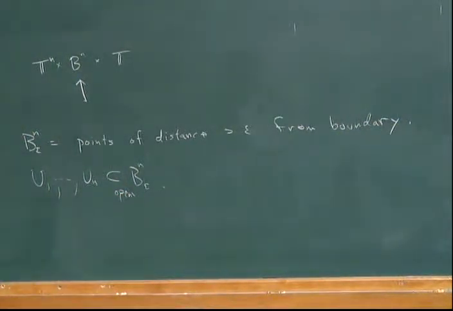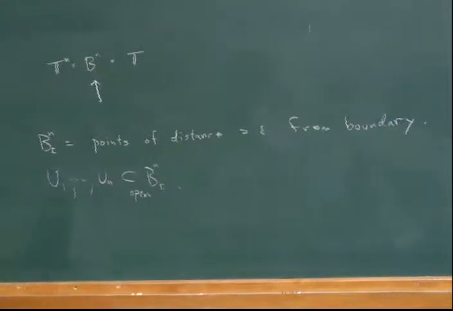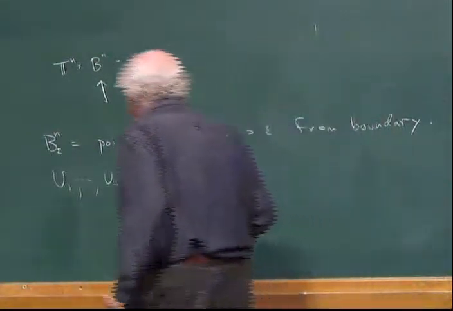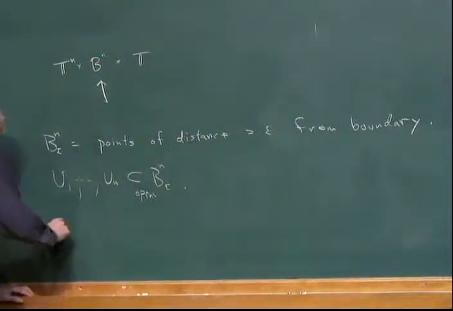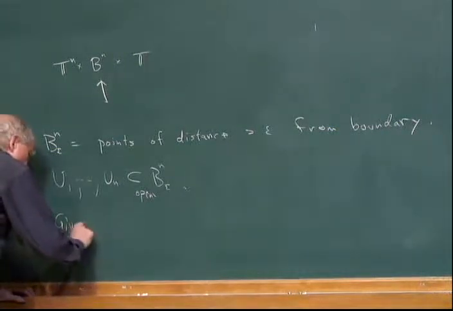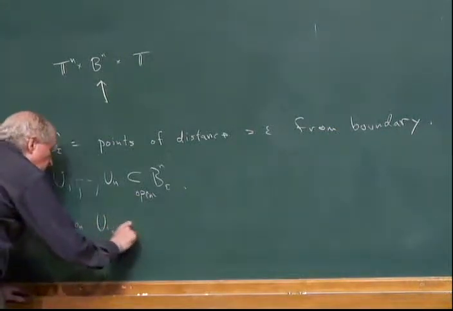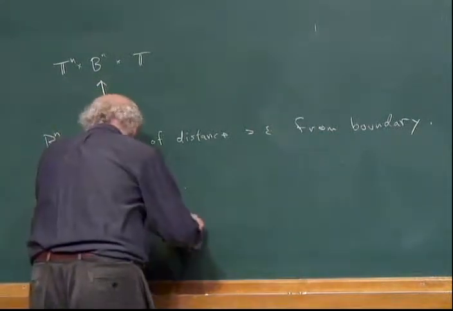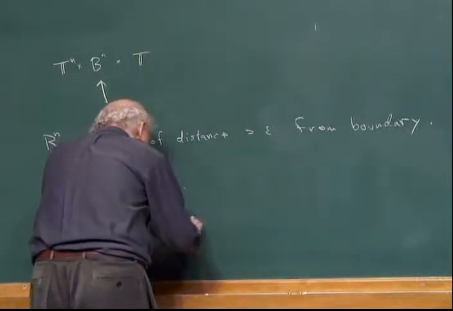And so what I can prove is that for generic small perturbation, given open sets U1 up through UN, they can be arbitrarily small, well, they have to be non-empty.